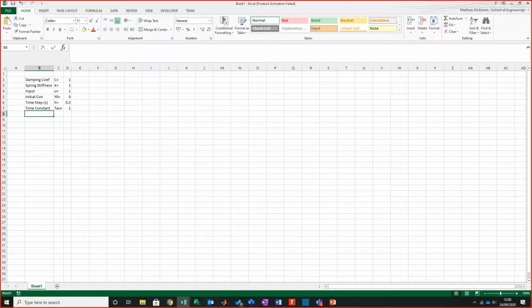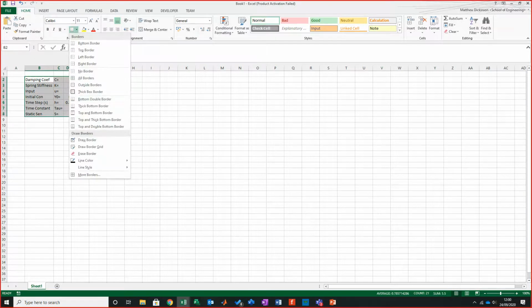And then my static sensitivity. So static, uppercase S, is equal to 1. So what I'm going to do is put a border around that.